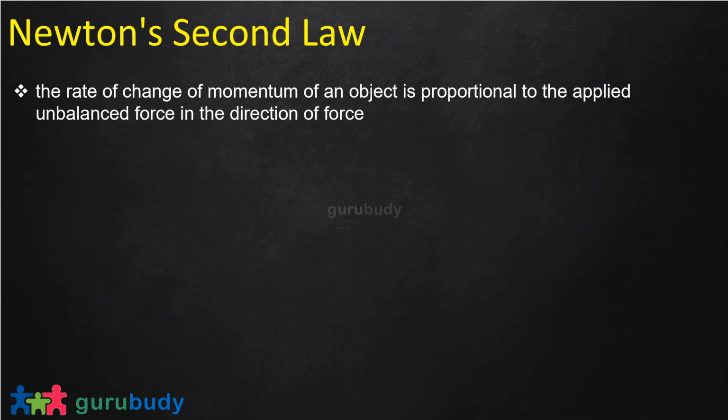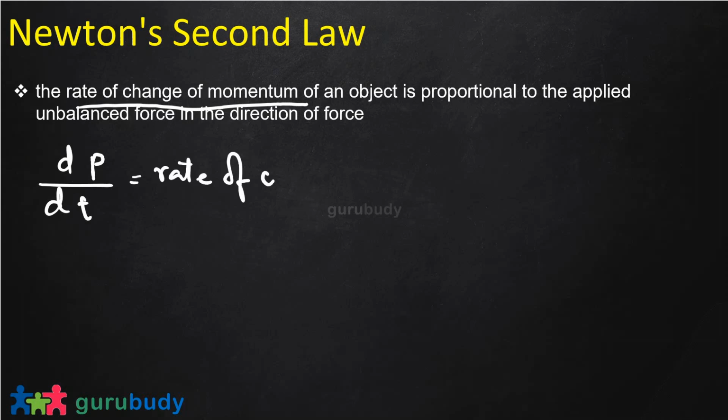Second definition is telling us the rate of change of momentum of an object. So we know the momentum from our previous lecture is p. So it is telling us the rate of change of momentum, which is dp by dt, or you can say rate of change in p.